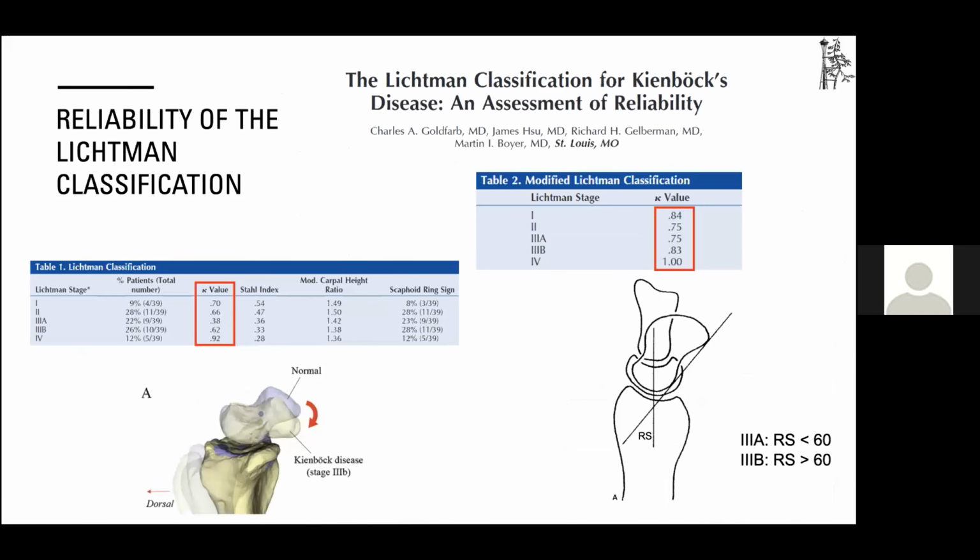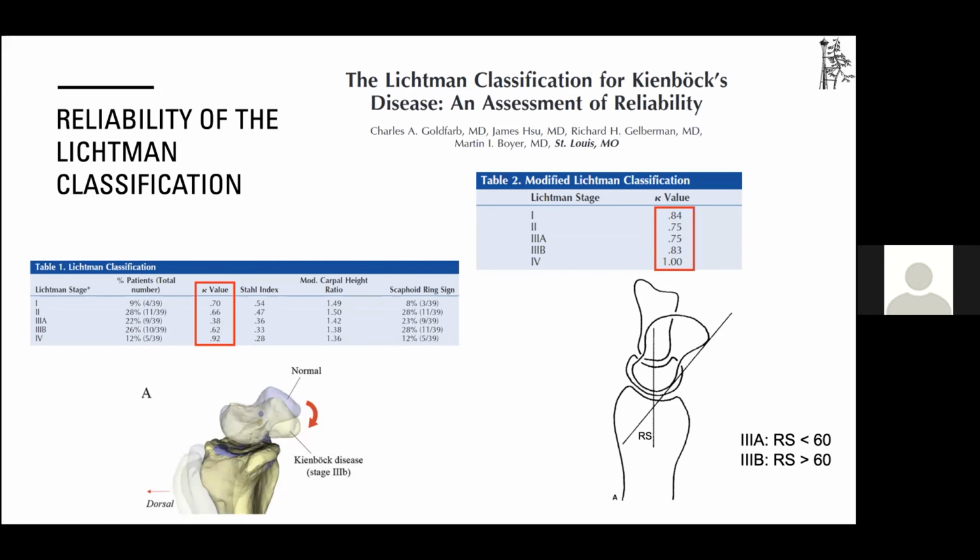And to address this, Chuck Goldfarb and his colleagues at Washington University in St. Louis defined the cutoff point between stages 3A and 3B using the radioscaphoid angle. They suggested that a radioscaphoid angle less than 60 degrees was representative of a 3A Kienbock, whereas greater than 60 degrees represented 3B.